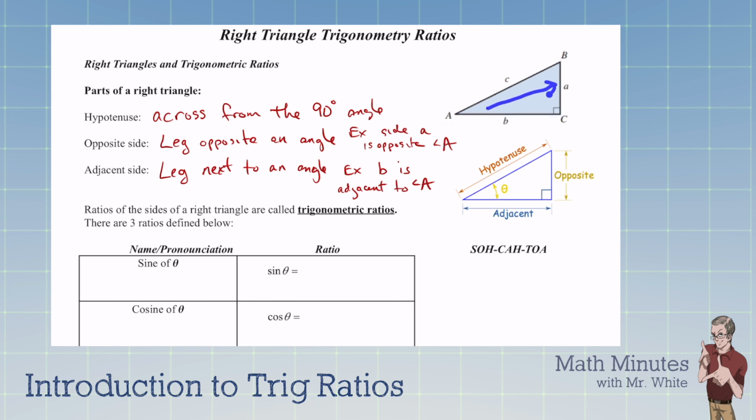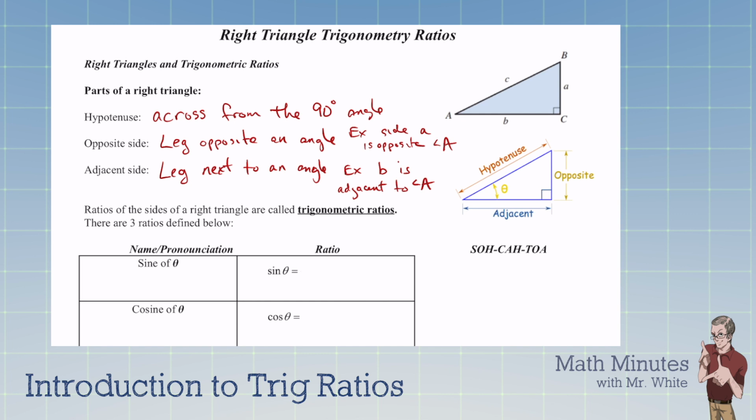See, across from it, that's the opposite side. So side A is opposite angle A, but leg B is said to be adjacent to A. Angle B has an adjacent leg also, right? Leg A is adjacent to angle B. It's right next to it. So the word adjacent means right next to it.